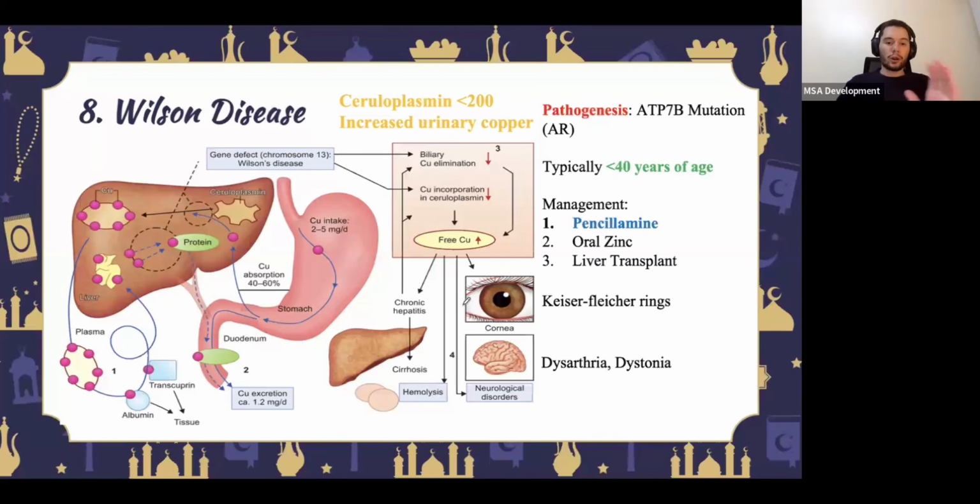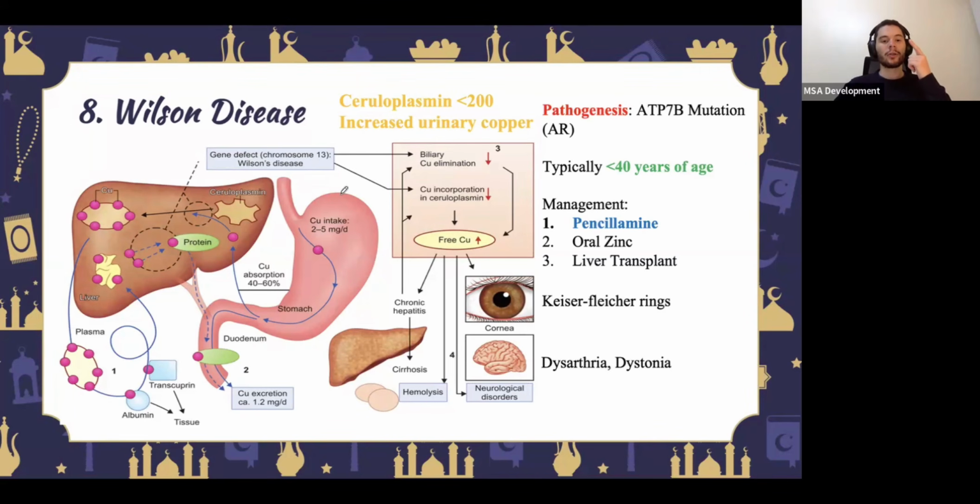Okay. So in normal conditions, the body deals with copper through two ways. It excretes it through bile, or it has ceruloplasmin, which binds copper. In this condition, you have this mutation that decreases biliary excretion of copper and decreases the levels of ceruloplasmin.